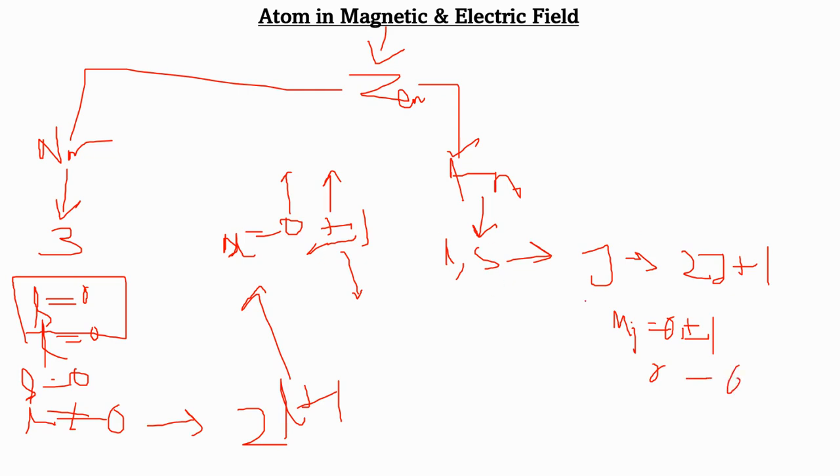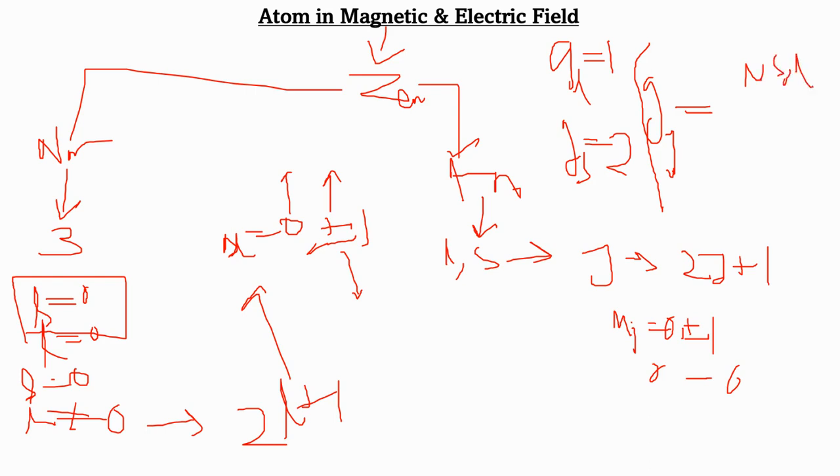As we discussed, there was g_L and g_S; g_L was 1 for all states and g_S was 2. But here the value of g_J, the Landé g factor, is not the same. It depends upon the quantum numbers L, S, and J for a state. Since L, S, and J differ for different states, the values of g_J are different, and this gives rise to different energy gaps. Due to this, in the anomalous Zeeman effect, the spectral line is split into a number of lines.